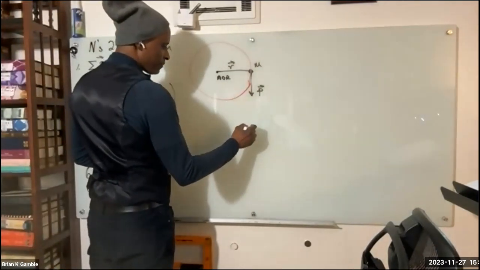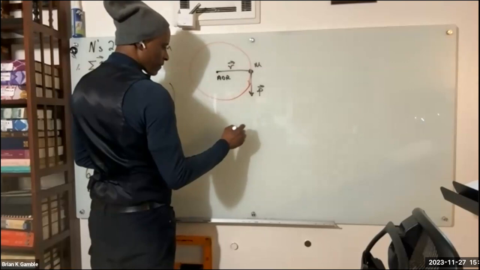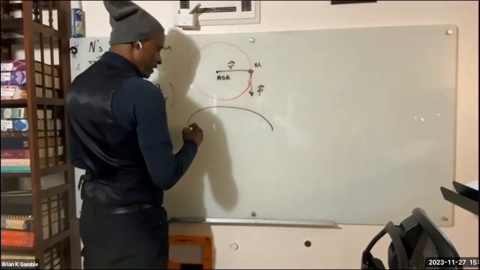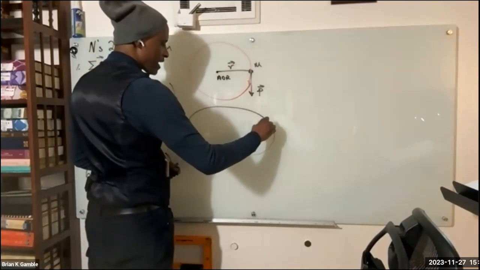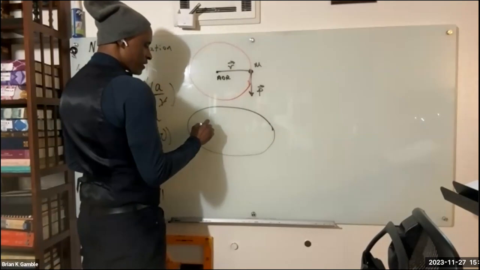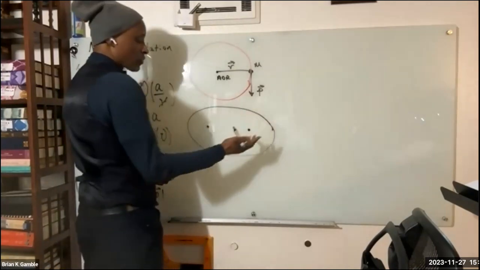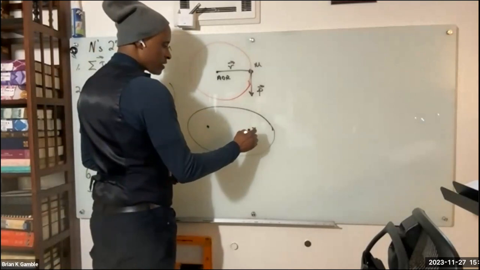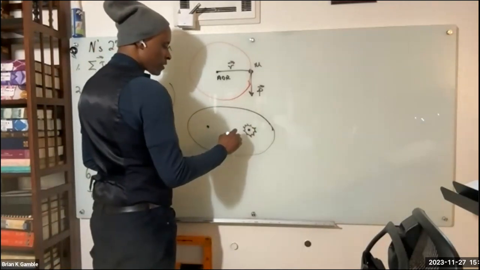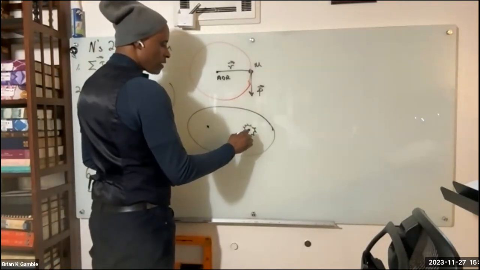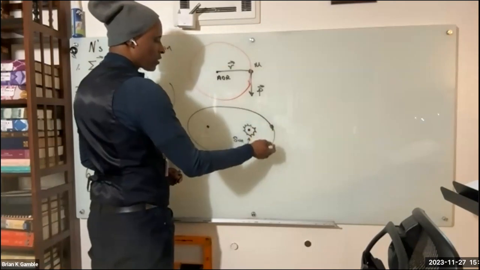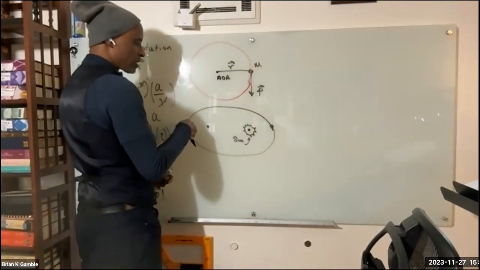But let's say, if you look at our sun, well, this is an exaggerated ellipse. It's not this exaggerated, but basically, let's say this is an elliptical path of the Earth around the sun. And this is the sun, for example. So as the Earth goes around, when it's at its apogee, farther away, it's going slower.